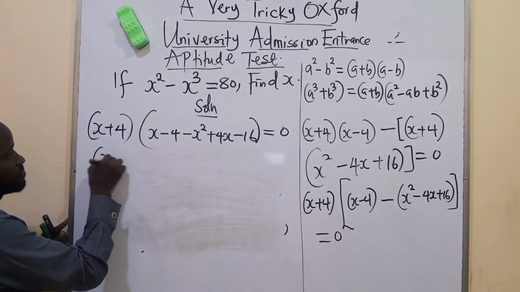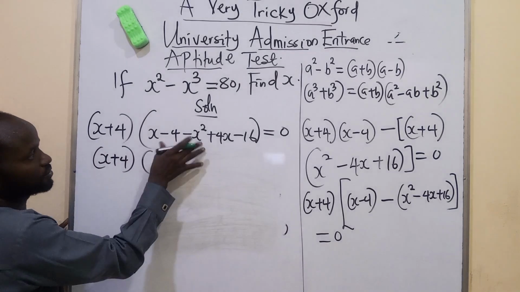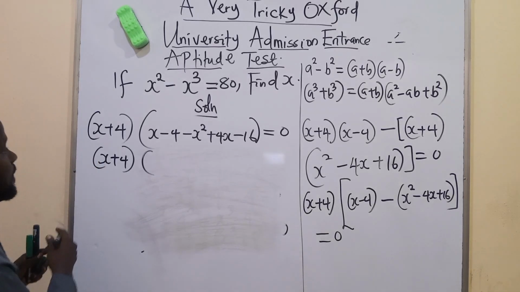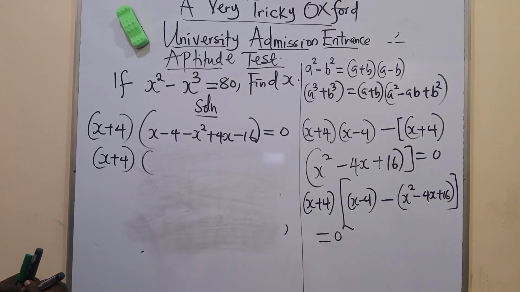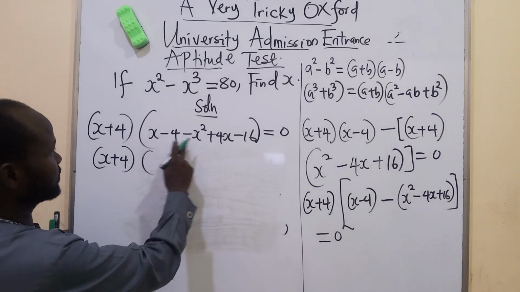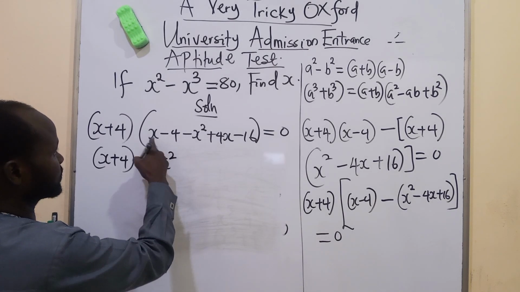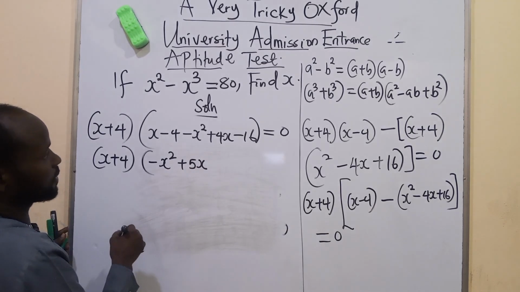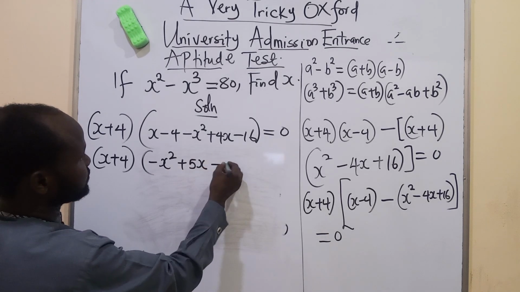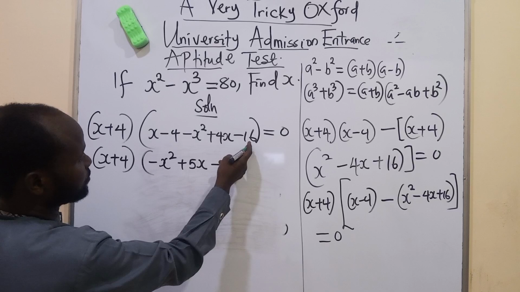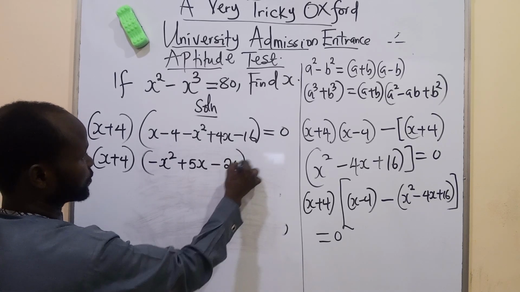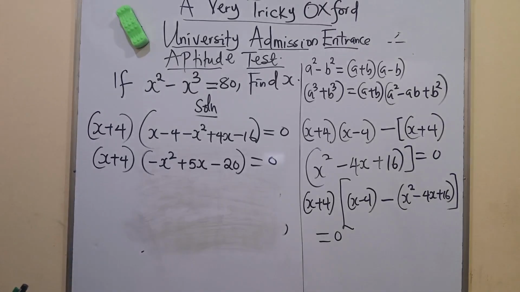We have x plus 4 now. Let's work here. We have minus x squared, then plus 5x, and minus 4 minus 16, that will be minus 20, which equals 0.